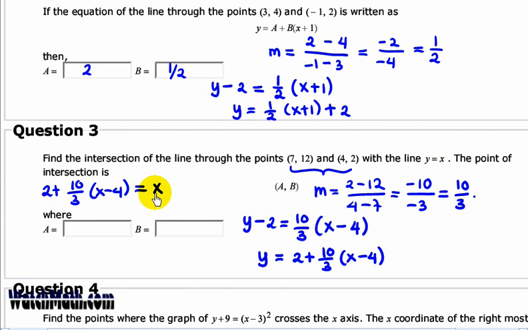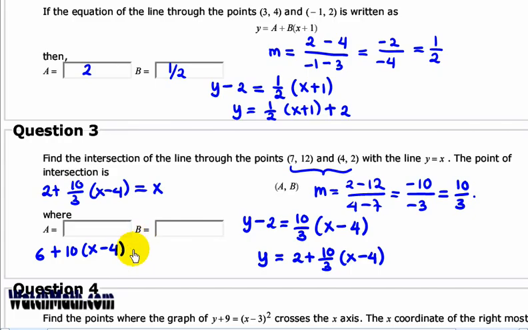Now what we need to do is just solve for x. We can multiply both sides by 3 to get 6 plus 10 times (x minus 4) is equal to 3x. This can be simplified further: here we have 10x, and on the right hand side we have 3x.